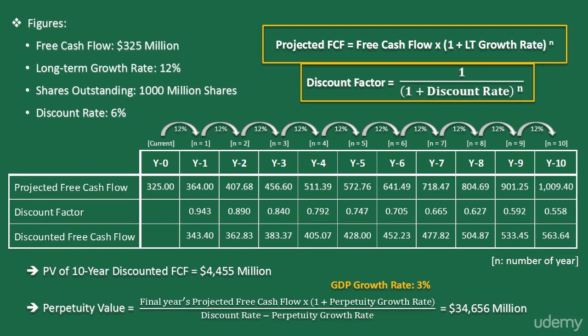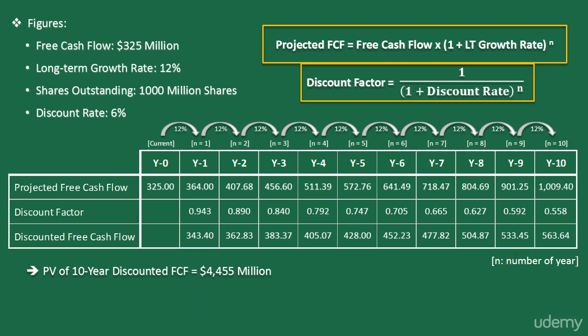Because we use the undiscounted free cash flow to calculate, we'll need to multiply this figure with the discount rate of year 10 to calculate the discounted perpetuity value of this business. In this case, we'll have the terminal value of $19,338.